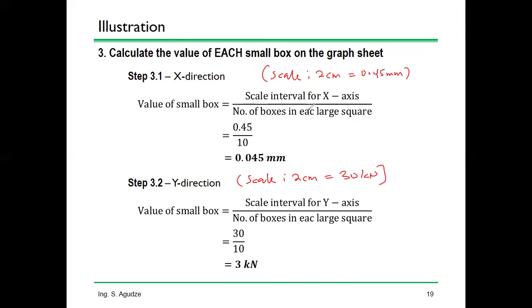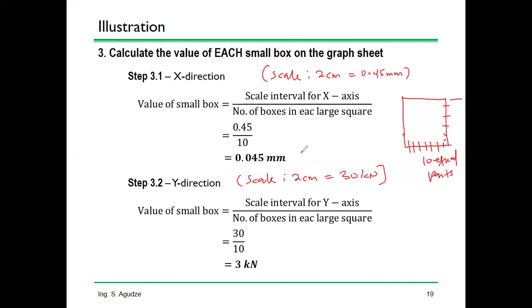So if you remember, I said one large box like this is subdivided into what? 10 equal parts. Is that not so? And then this side has also been subdivided into what? 10 equal parts.